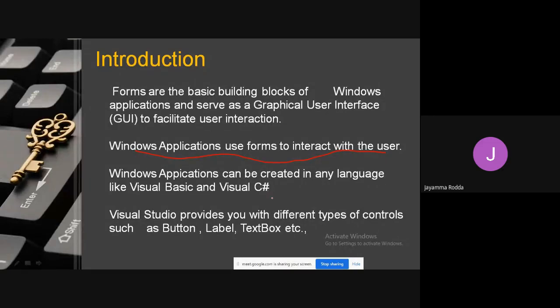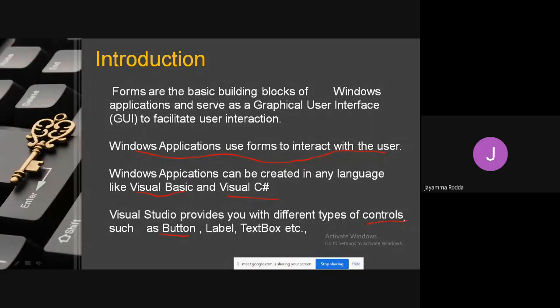Okay, so these Windows applications can be created in any language. You can create them in Visual Basic or Visual C#. In order to create those Windows applications, Visual Studio provides different types of controls.